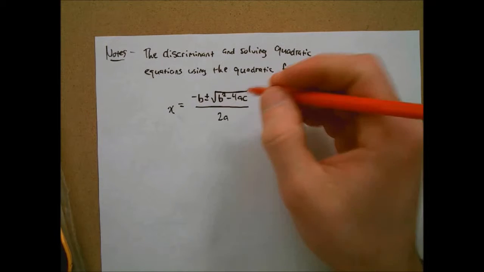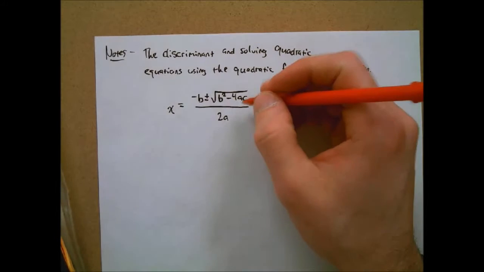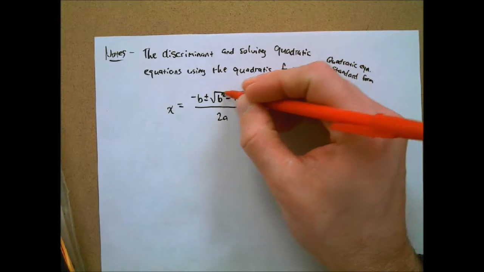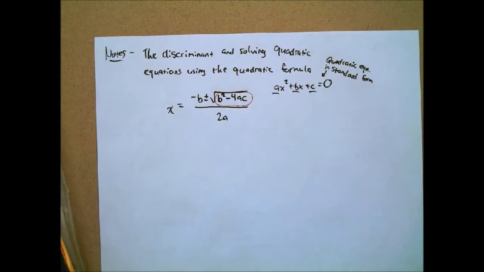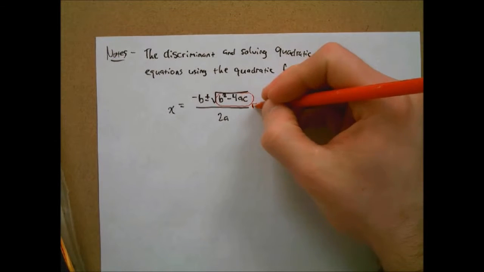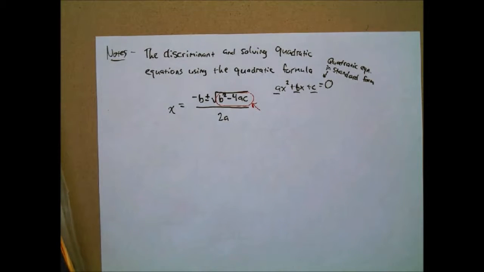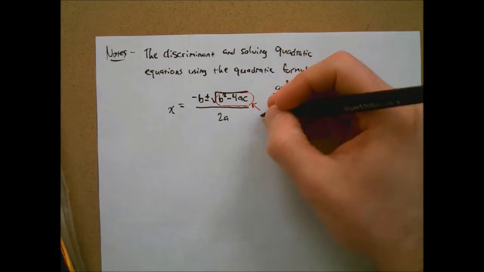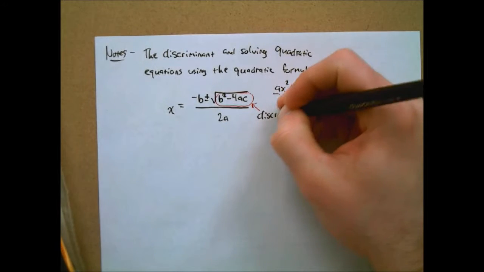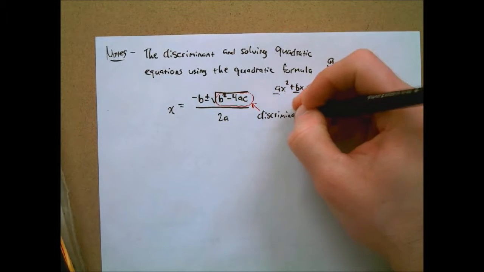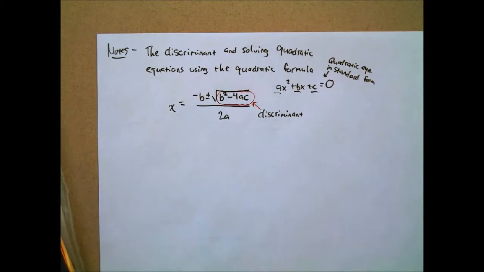It's terrible. What we are going to look at, though, is this little bit of it that's inside the square root. This little bit inside the square root is known as the discriminant. Discriminant sounds like what word? Discriminate.